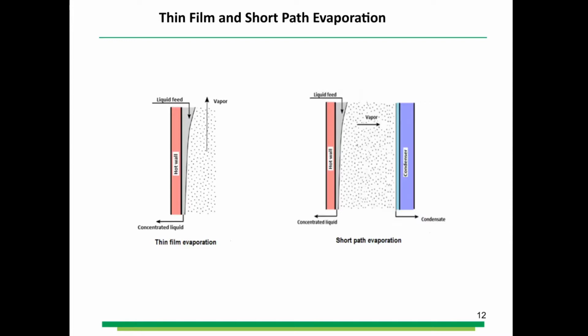This slide shows the difference between thin film evaporation and short-path distillation. In thin film evaporation, the vapor generated from the falling film travels into the vacuum system, whereas in short-path distillation, the vapor generated from the film travels a short distance into a condenser.